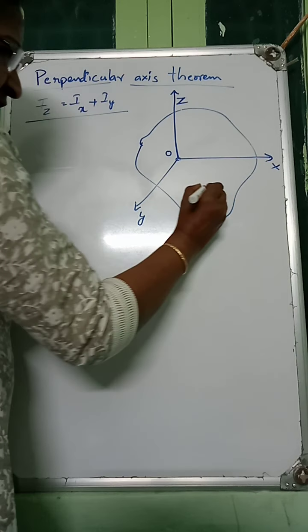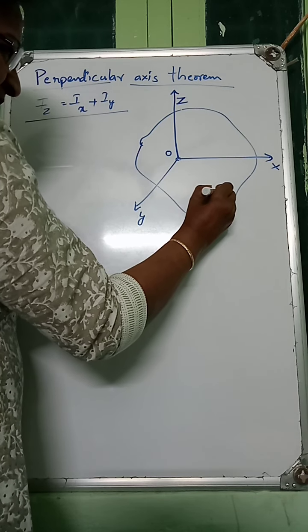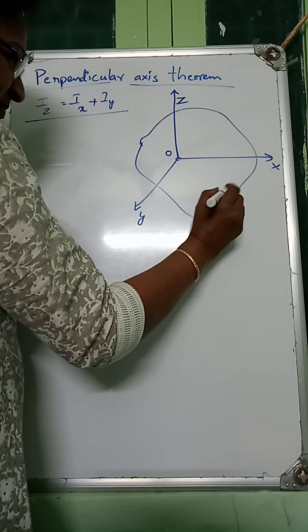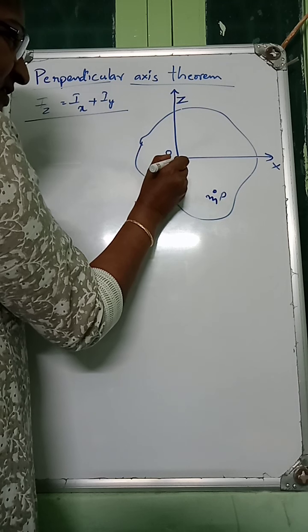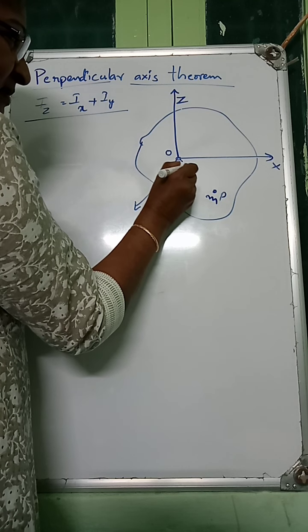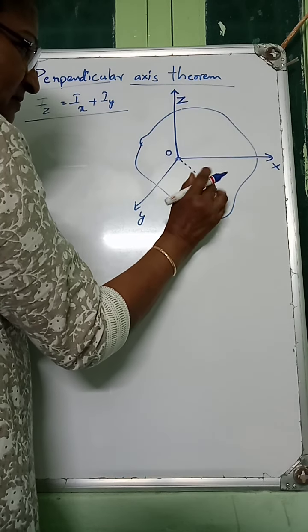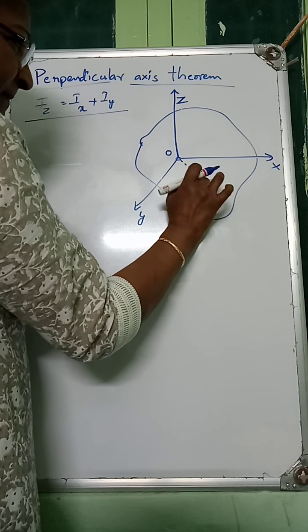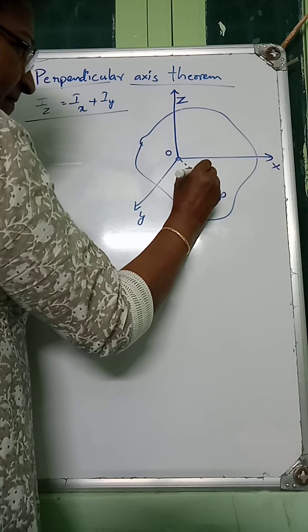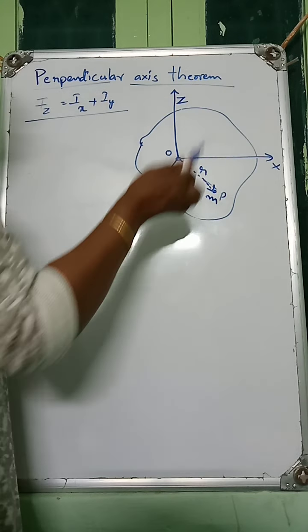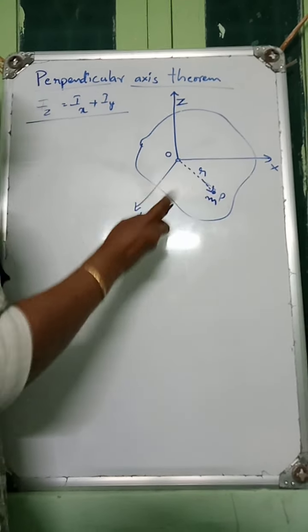Now consider a point P. A particle of mass m is at point P. R is the distance of this mass from z-axis. Now draw a line parallel to x-axis.